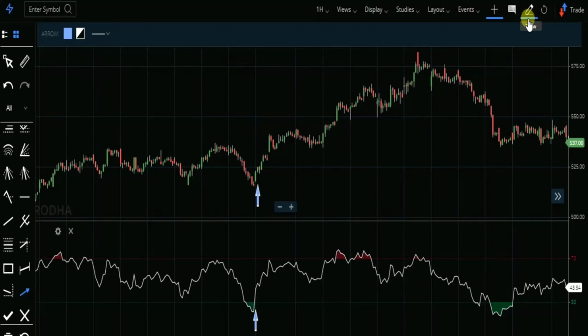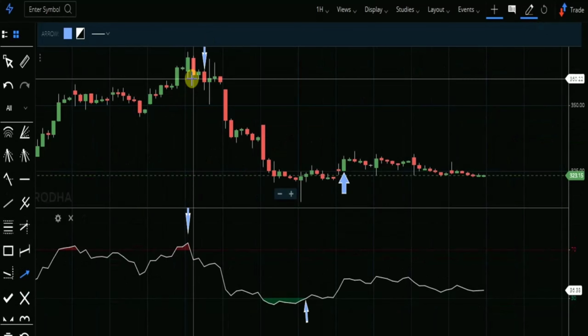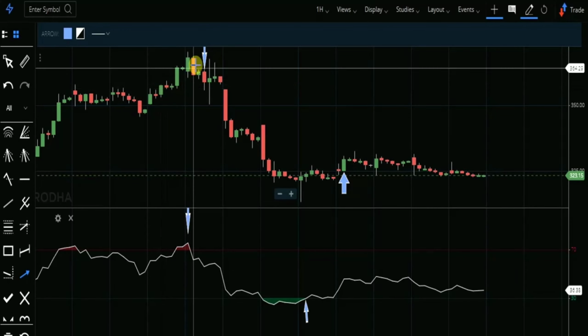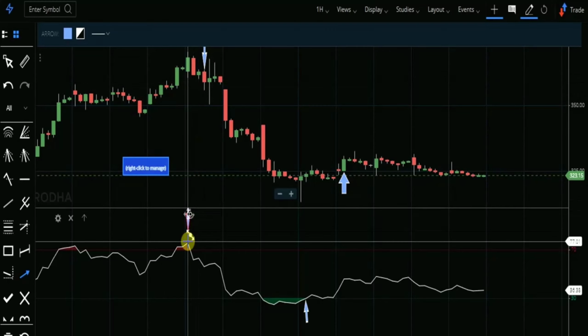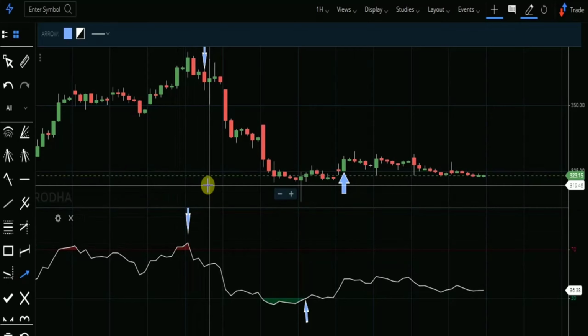So people tend to buy at the oversold zone, and when RSI started moving up, the price moved up. In the next example, RSI was above 70, and as soon as it started coming down, the price followed RSI.